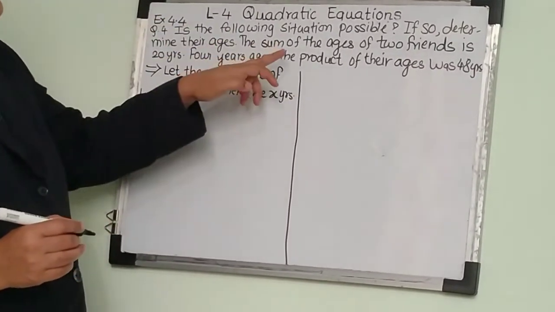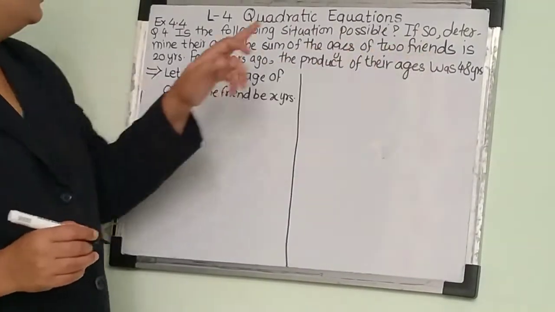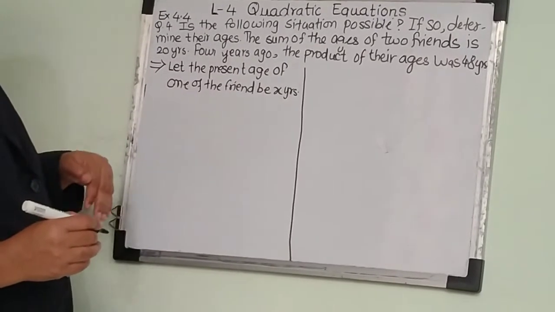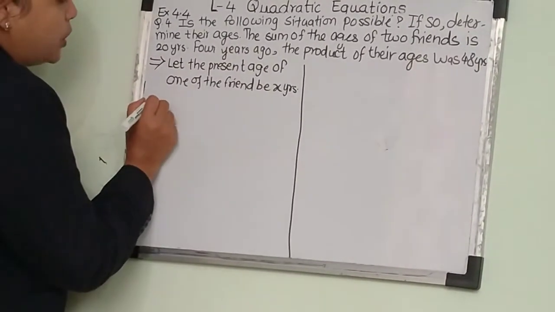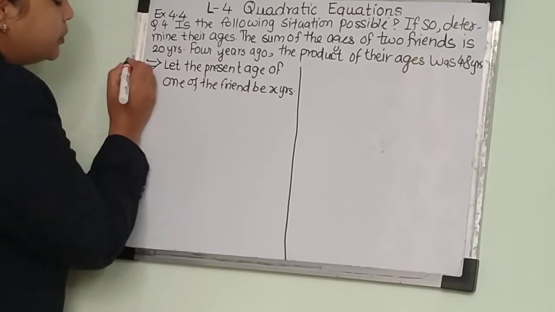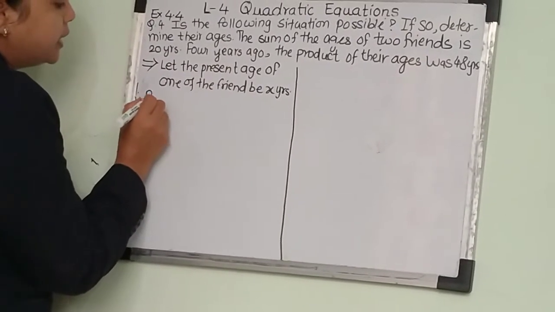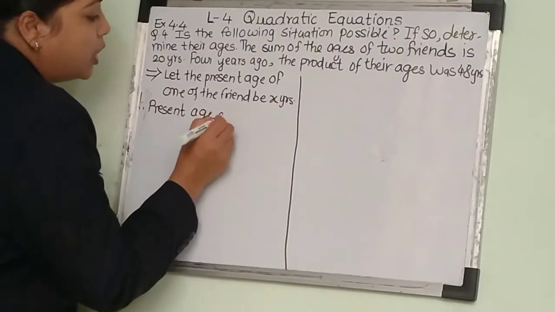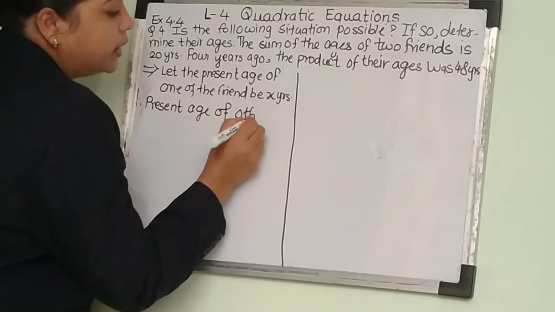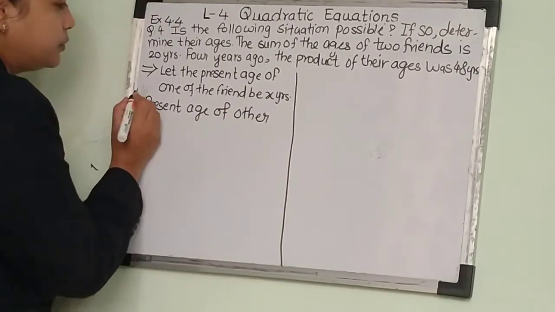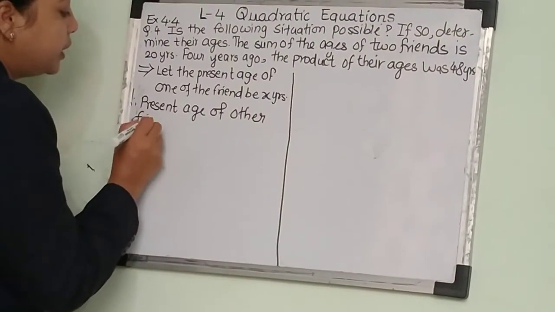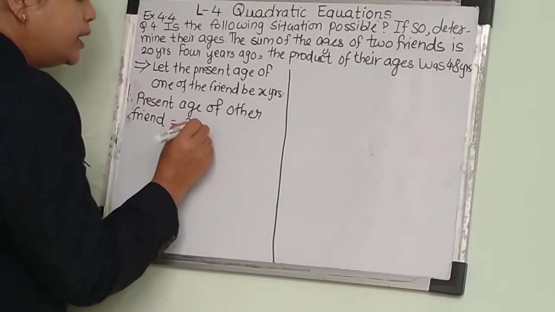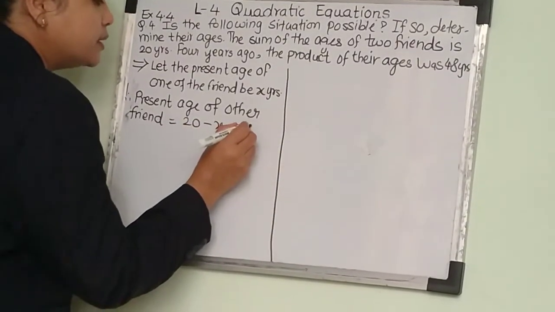The given condition is what? The sum of the ages of two friends is 20 years. So if the sum is 20, then we can say that the present age of the other friend equals 20 minus x years.